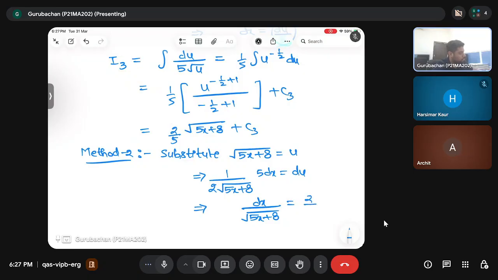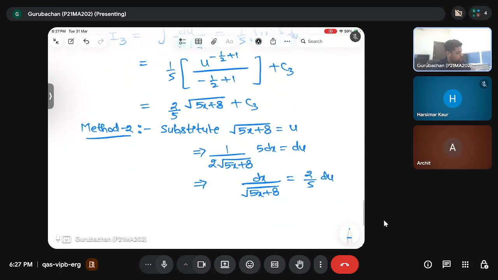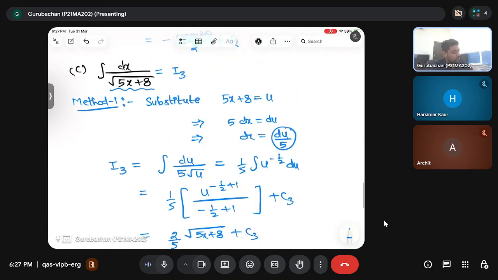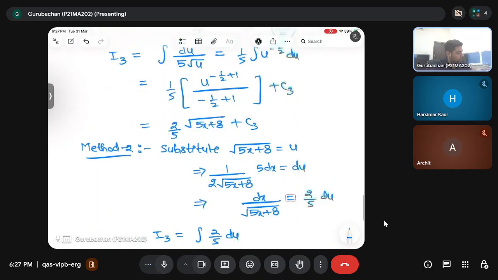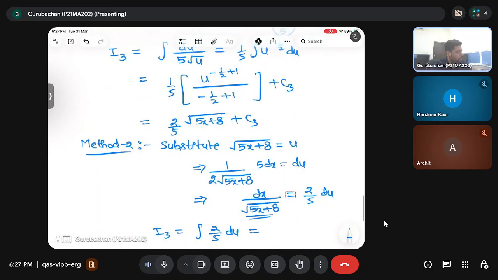So this will be 2 by 5 du. So your I3 will be simply exactly 2 by 5 du. If you observe, this is nothing but exactly this integration term. Then the integration will be 2u by 5 plus C3.